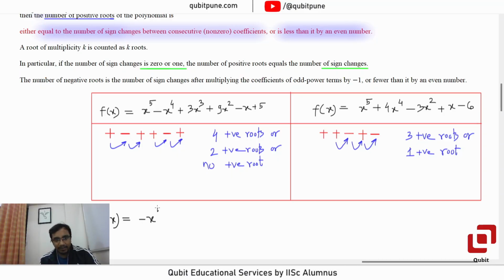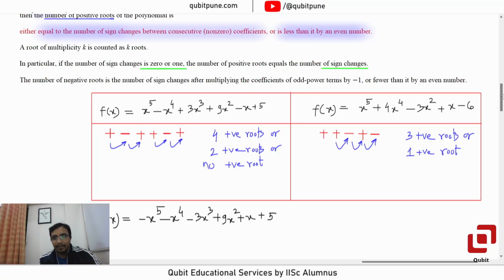So it is negative x raised to 5 minus x raised to 4 minus 3x cubed plus 9x squared plus x plus 5. All the even power terms remain as they are. All the odd power terms change their sign.